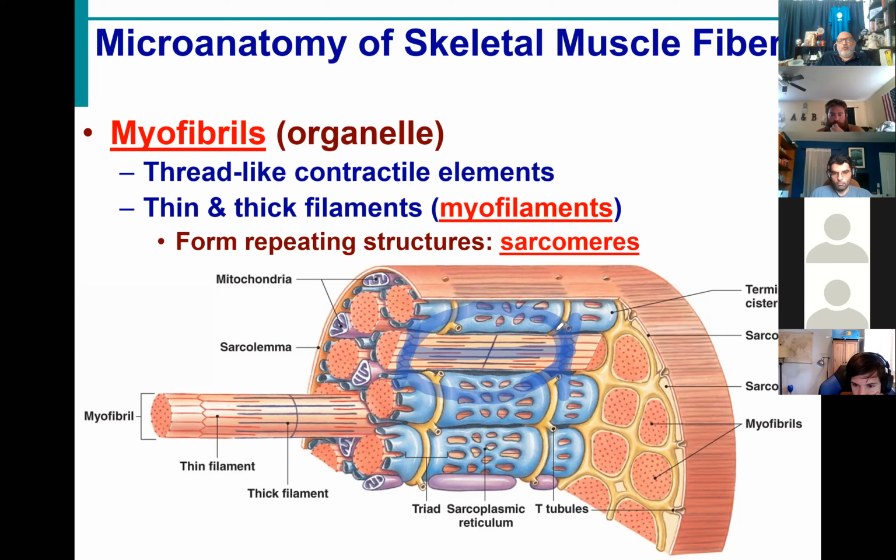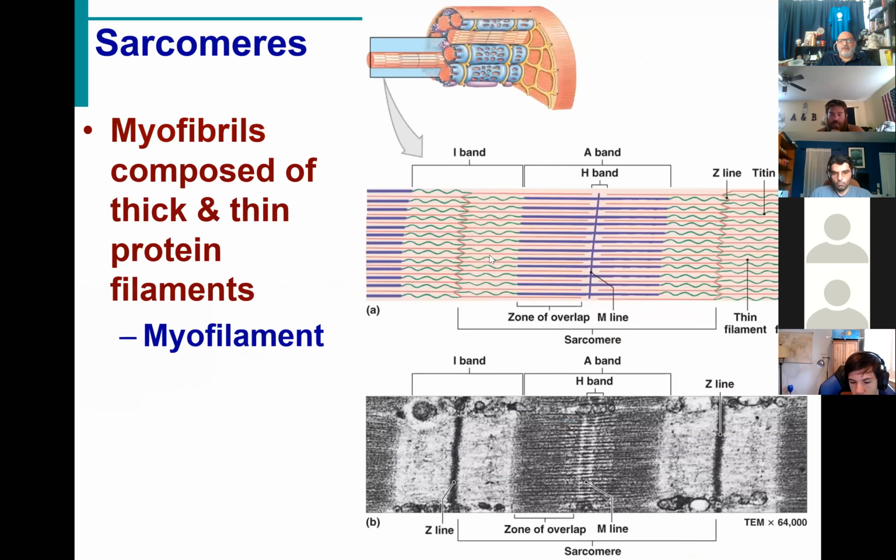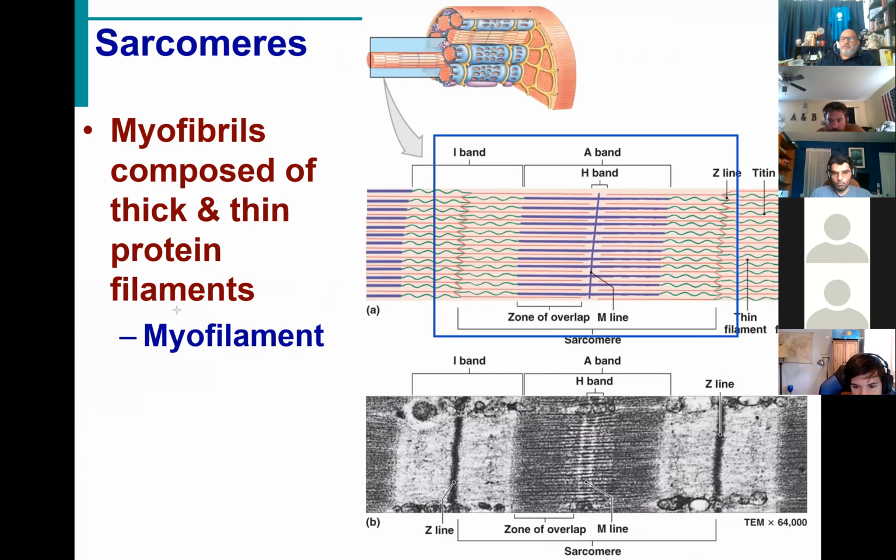Now we are going to take one of these myofibrils, pull it out, and look at this repetitive pattern that is a sarcomere. So our goal now that we have the basic anatomy of a muscle cell is to pull out one of these myofibrils, look at this repetitive pattern that is a sarcomere, and more importantly, identify some of the proteins that form them.